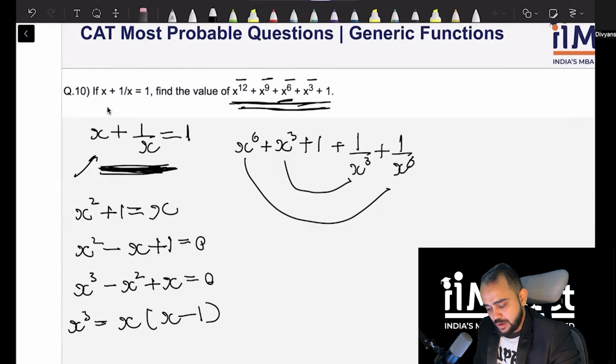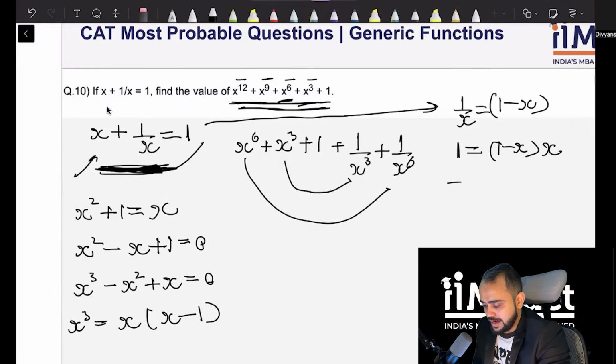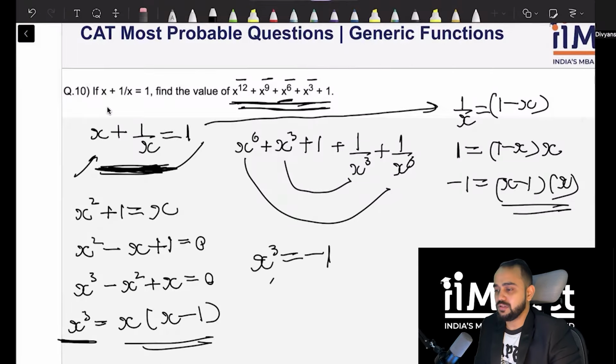If I manipulate this expression again, if I write this as 1 by x is equal to 1 minus x, and I cross multiply, I'll get 1 is equal to 1 minus x into x, or minus 1 is equal to x minus 1 into x, which is what I'm getting the value of x cube as, which means x cube is equal to minus 1.